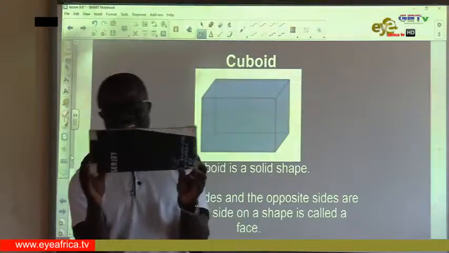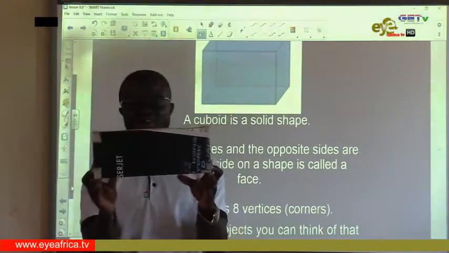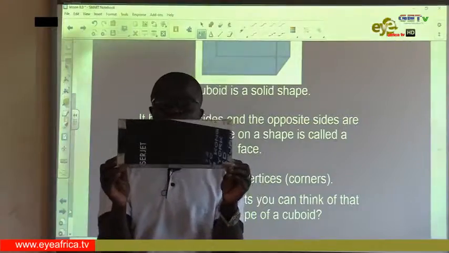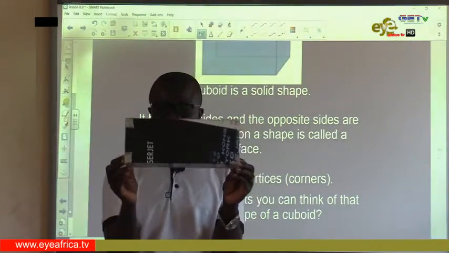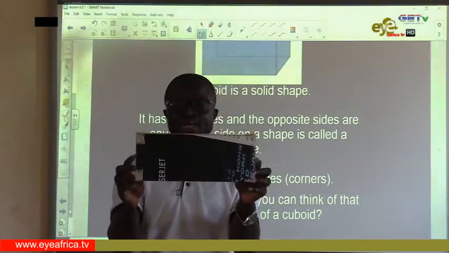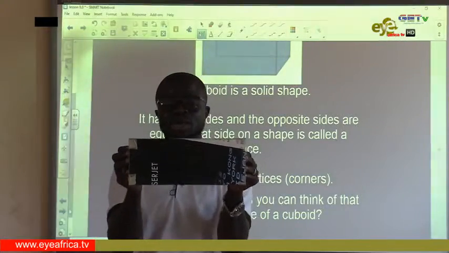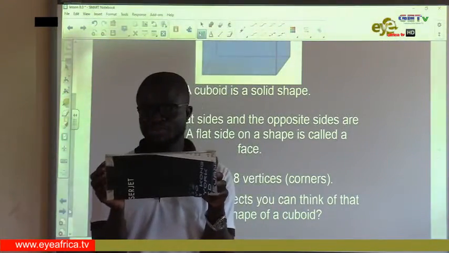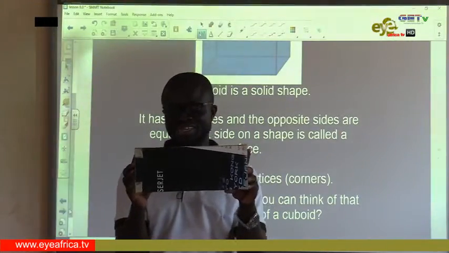Here is an object. This object is a cuboid. I want us to look at this object together and see whether the properties that we mentioned about the cuboid are true or false. Remember, we say seeing is believing.